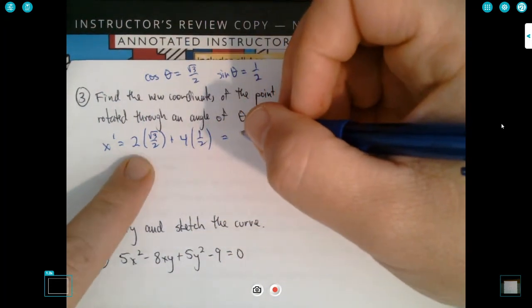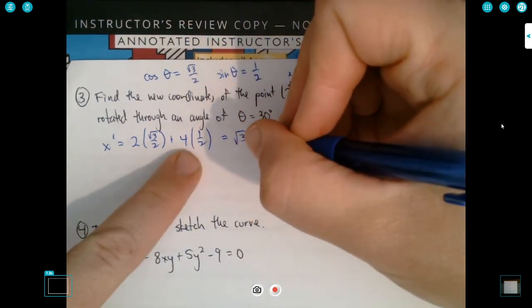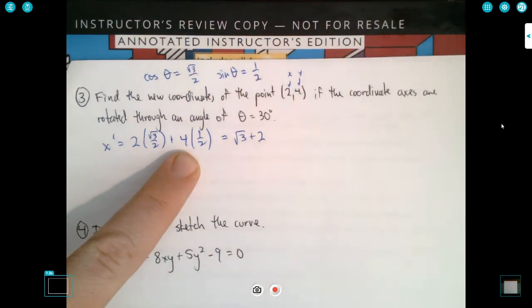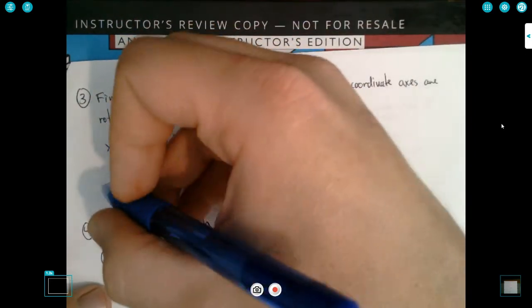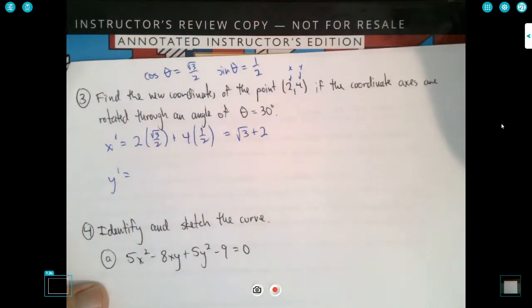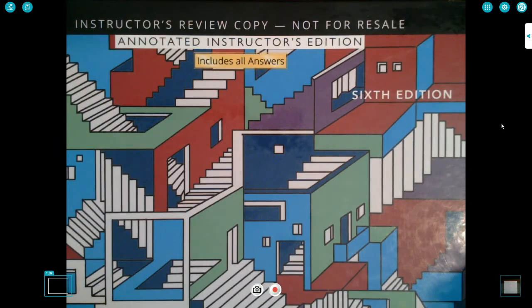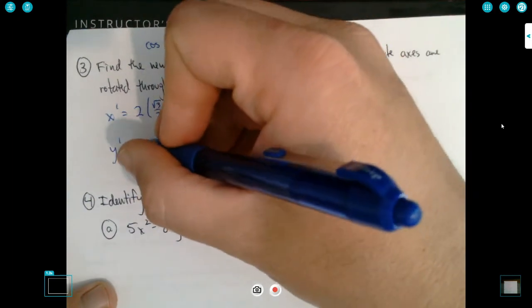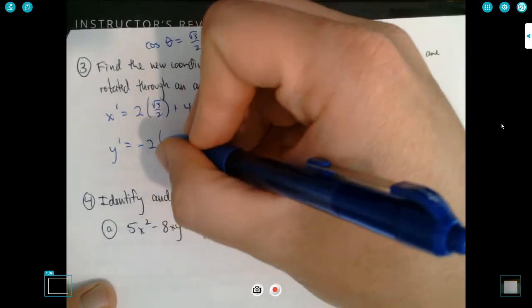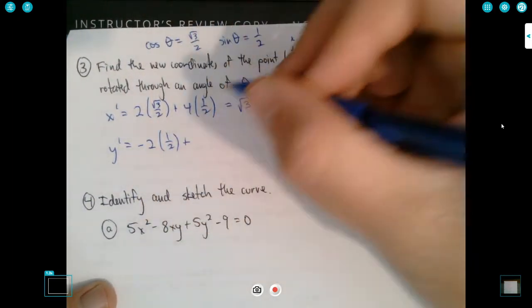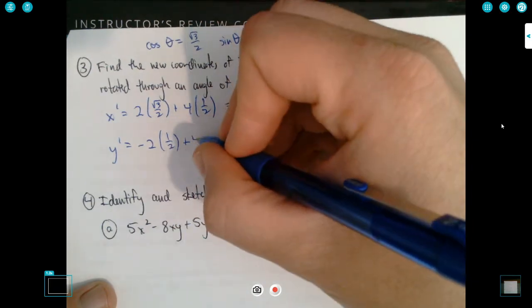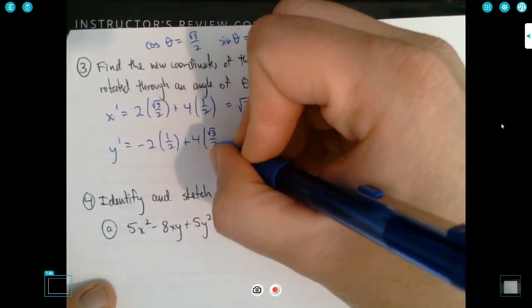So the 2's will cancel, you get root 3. Here the 2's cancel and leave a 2. You're left with a 2. So you get root 3 plus 2 for x prime. y prime is going to be negative x sine theta, so negative x sine theta plus y cosine theta.